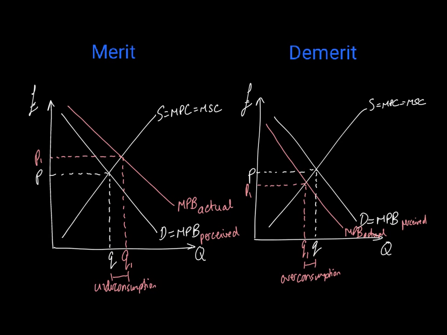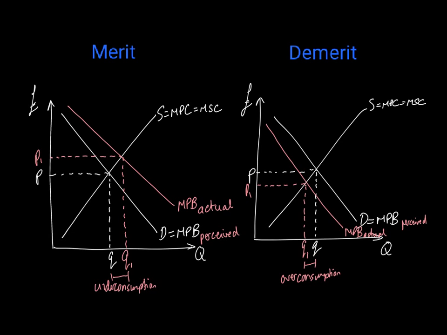So as far as merit goods go, other examples that may well crop up in exams are things like education, which is often viewed as a merit good. Exercise would be viewed as a merit good. Anything that's generally good for you would normally be considered a merit good. Demerit goods, again, are generally anything which is bad for you. So alcohol, smoking, drugs, all of that sort of stuff.